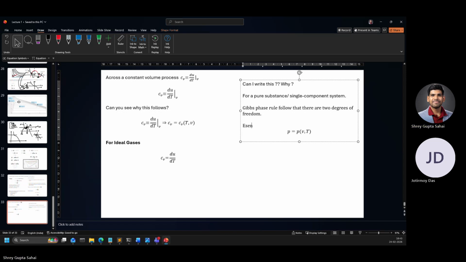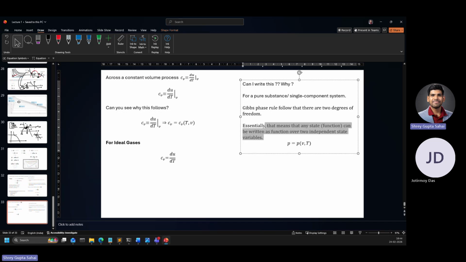Essentially, that means that any state function can be written as a function over two independent state variables.